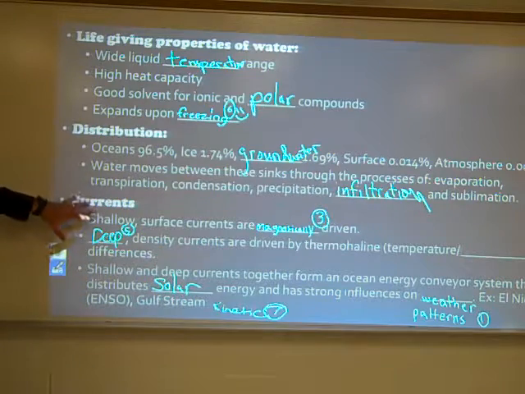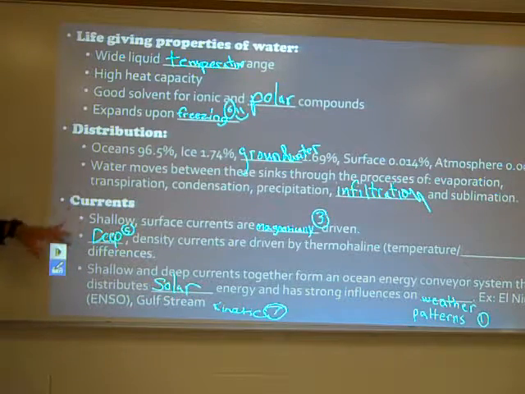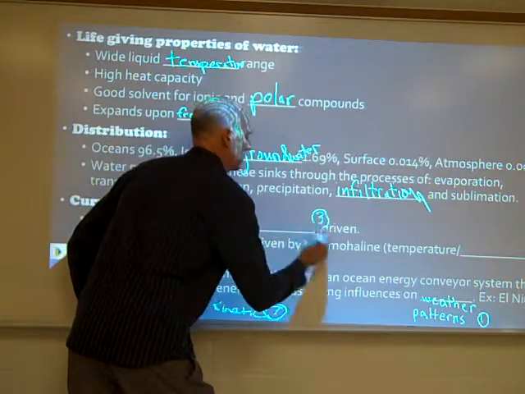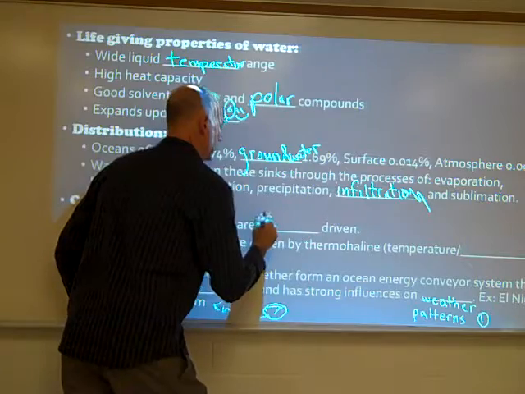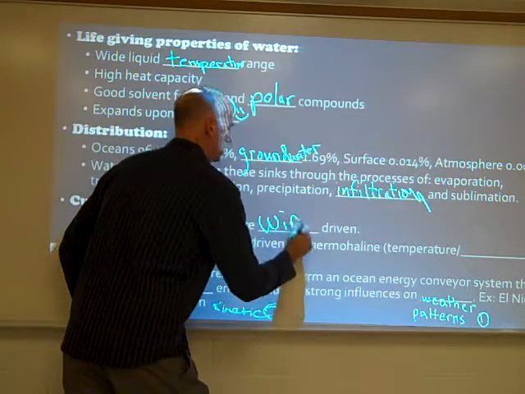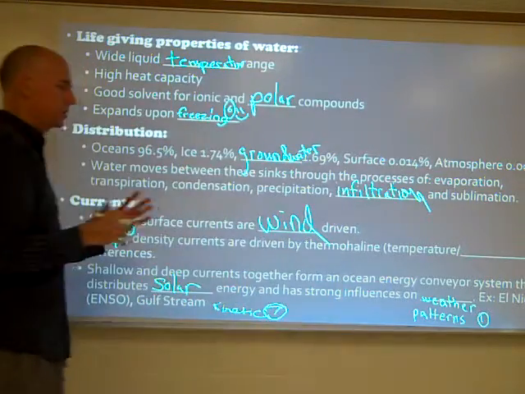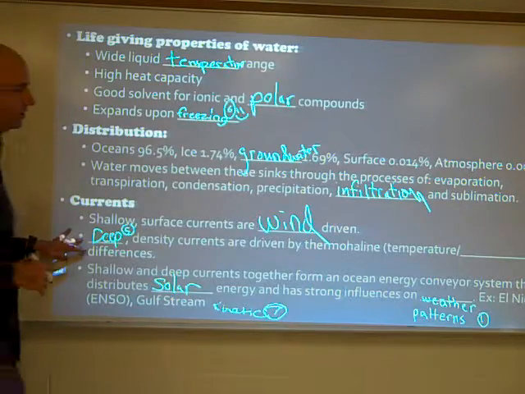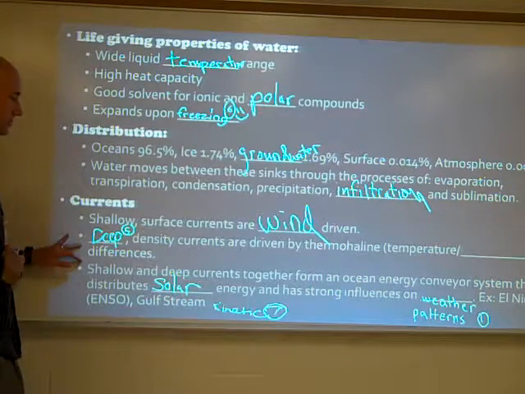But anyway, it does that through currents. So you have two types. You have shallow currents that are driven by the wind. The wind follows certain patterns, and we'll study that when we study the atmosphere. But as it blows across the surface of the ocean, it's going to push the water underneath along with it. That's where the Gulf Stream comes from.